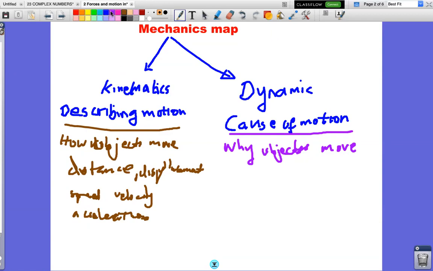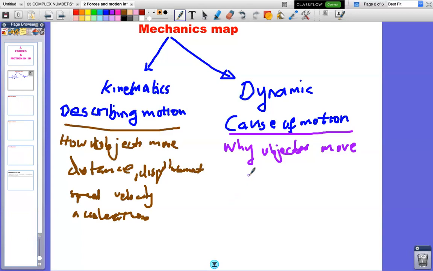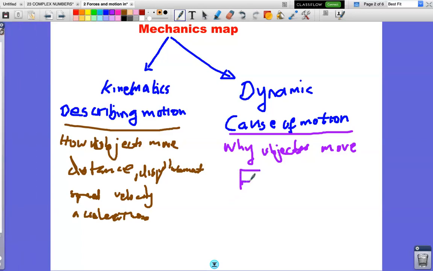And for this part, the major things we are going to talk about will be force. And we are also going to talk about Newton's laws of motion.